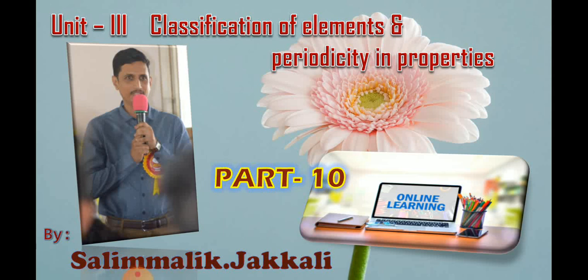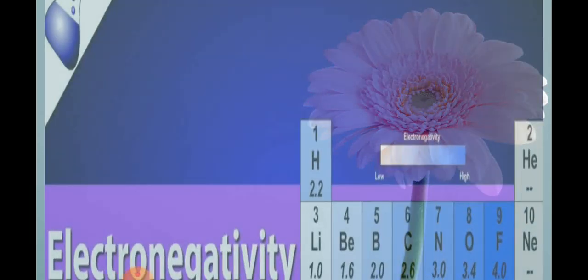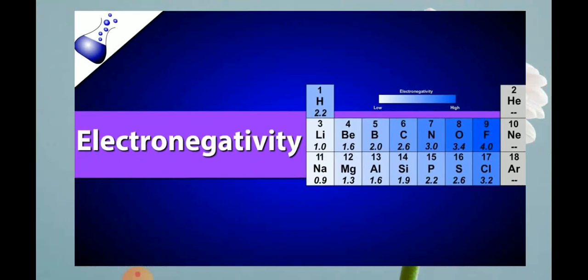We studied different properties as well as classification of elements. Today, we will learn one more very important property of elements. That is the study of electronegativity. Electronegativity, the property of elements, we will discuss today.